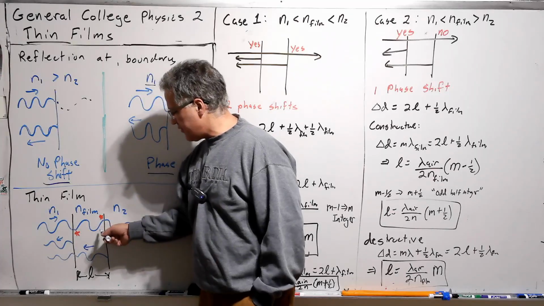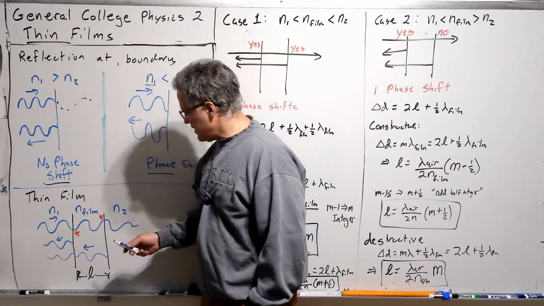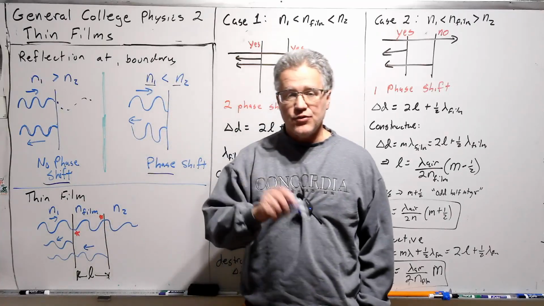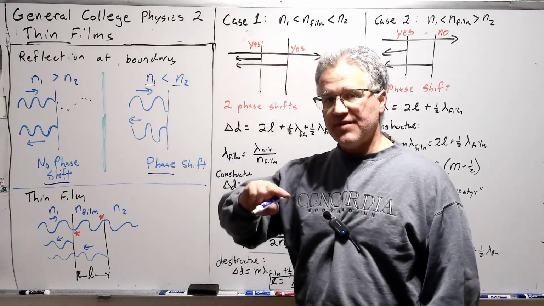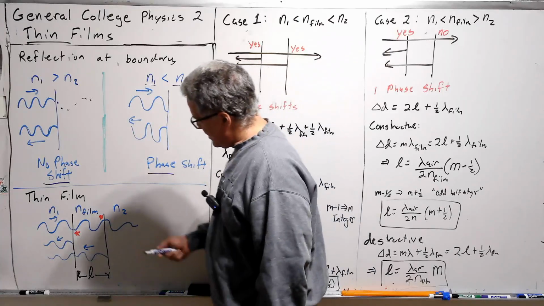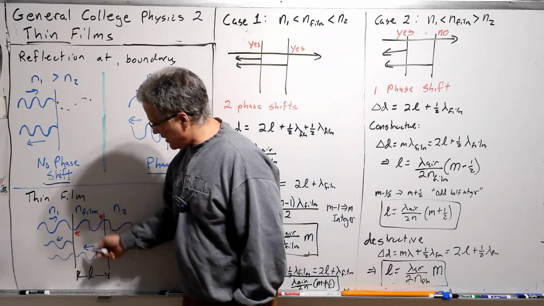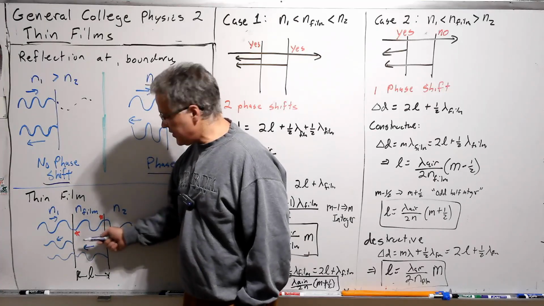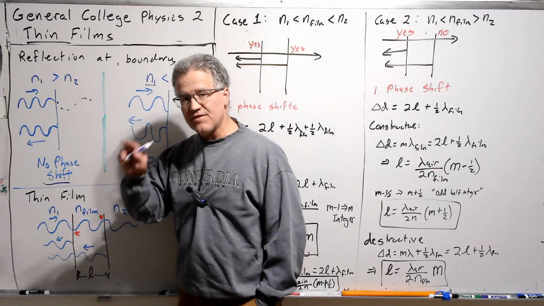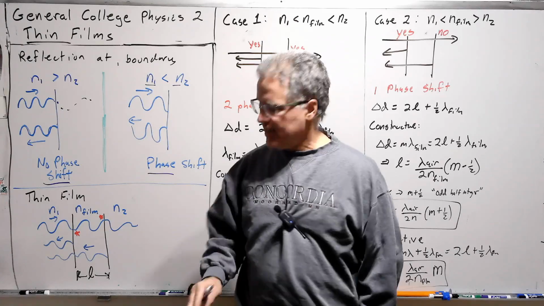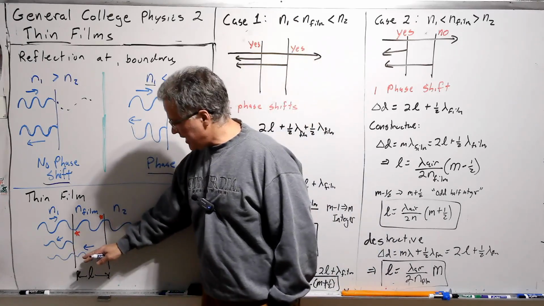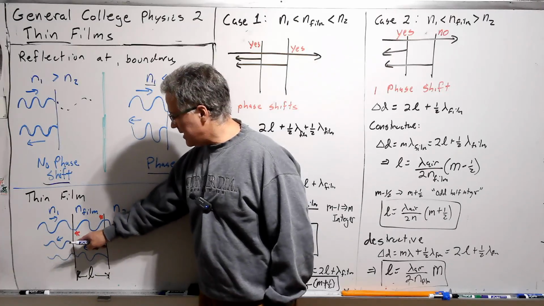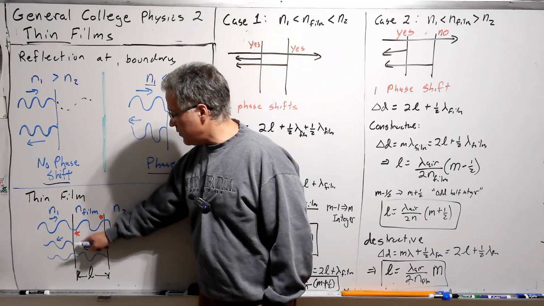It will pass one boundary and then another boundary. In both cases, we will get a reflection, and we're going to have to ask whether we have a phase shift or not, and keep track of whether we do. This will reflect right on top of here, and this will reflect right on top of here. So we get the reflection off the front surface and the reflection off the back surface running collinear to each other. Again, I've drawn them off axis so we can actually see them, but they're really on top of each other.